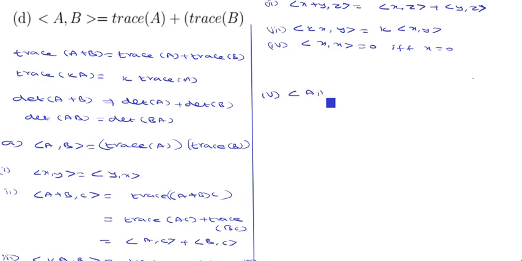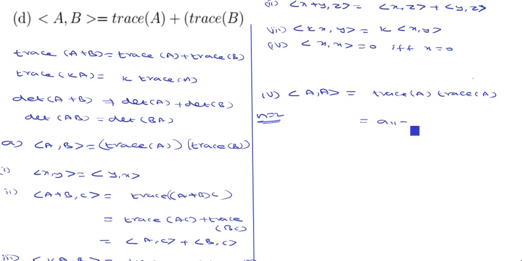Fourth one is <A, A>. We have to find <A, A>. So <A, A> is defined as trace of A into trace of A. Suppose if we fix n equal to 2, then trace of A will be the sum of the leading diagonal elements in the 2 by 2 matrix.